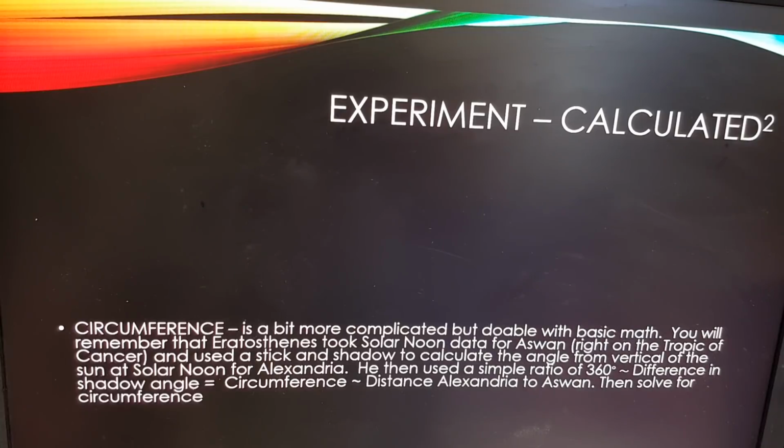And that number is equal to the circumference related to the distance from Alexandria to Aswan. Then we solve for circumference. Make a note that this distance from Alexandria to Aswan is actually the same as the distance from Alexandria to the Tropic of Cancer.